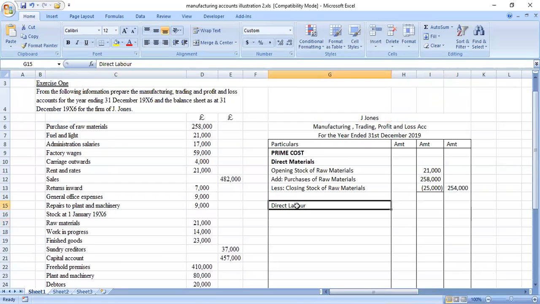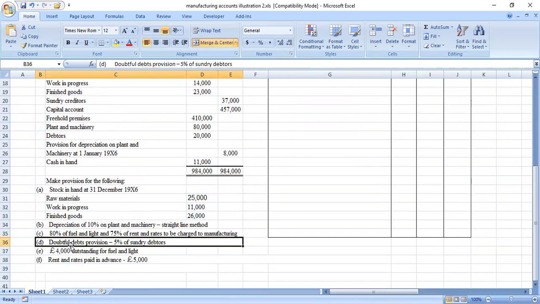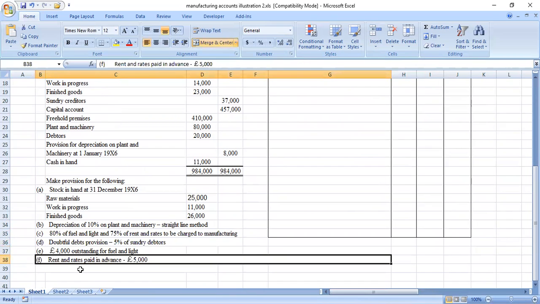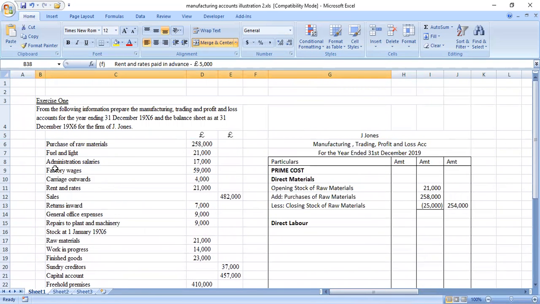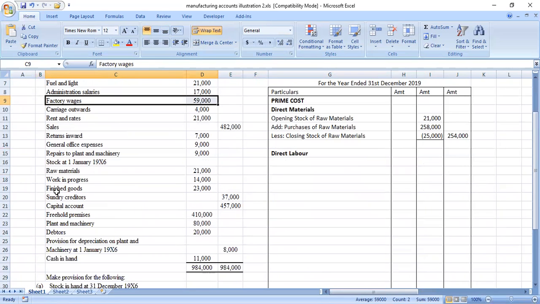Let's check the additional information for any information telling us to treat something otherwise, like depreciation, fuel and light, doubtful debts, outstanding rent and rates. But you have some factory wages. Factory wages, unless told otherwise, we will assume to be direct labor. Those people in the factory are the ones engaged in the actual conversion of these raw materials.